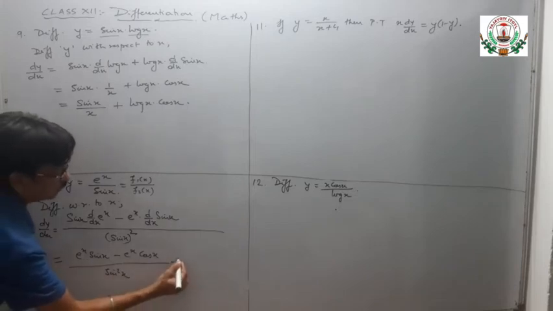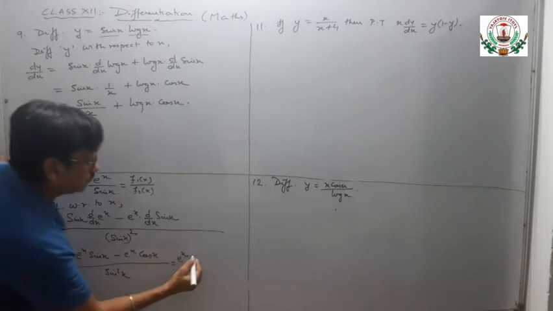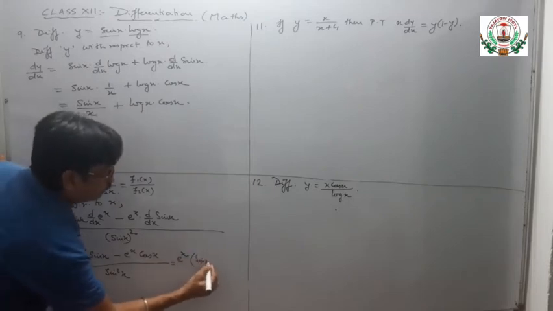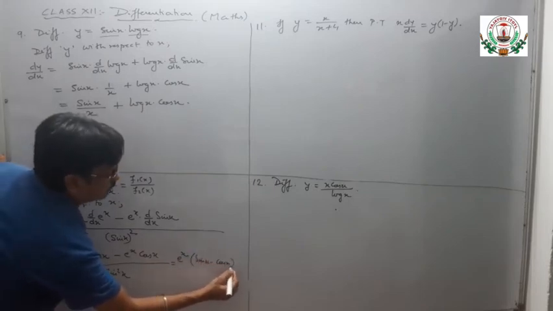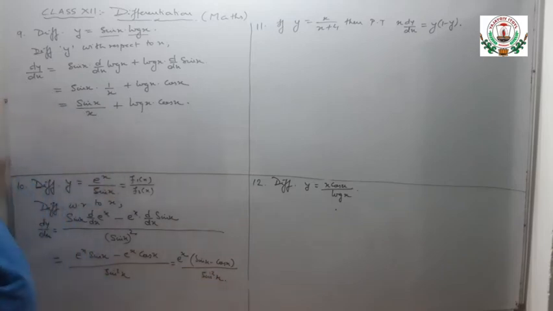In the next step, e to the power x can be taken common, left with sin x minus cos x upon sin square x.